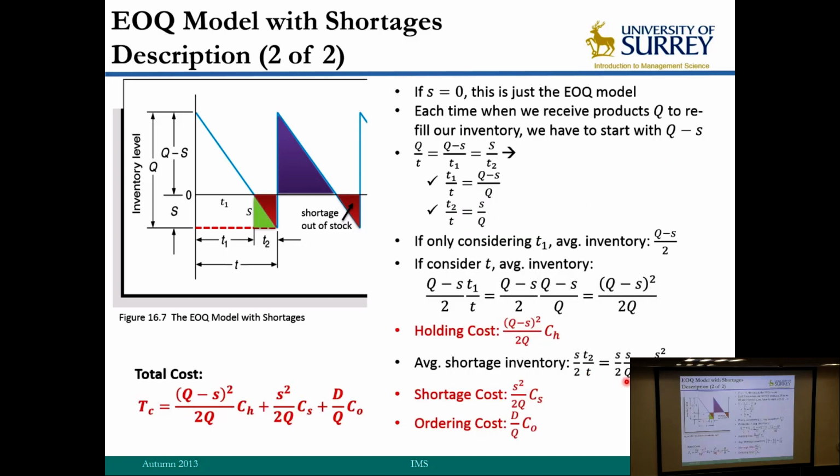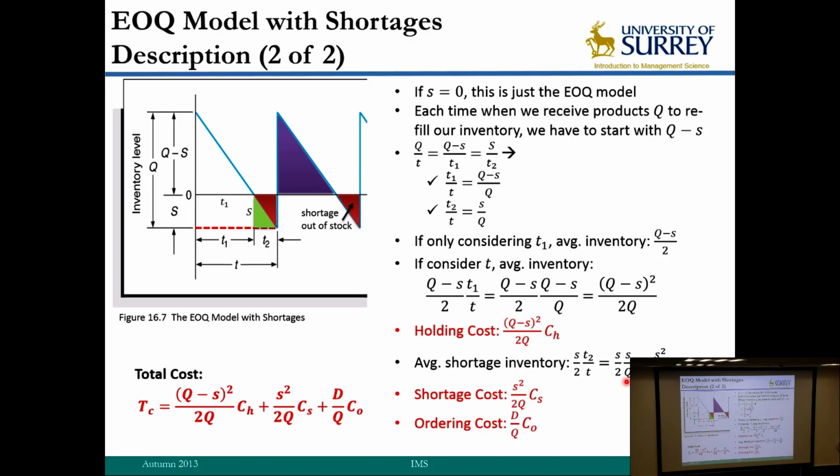So let's think about it. If we only consider T1, the average inventory level is this, but we have to consider the whole T. So this is actually the total average inventory level, Q minus S divided by 2, but times T1 divided by T. We derived that T1 divided by T basically equals this.